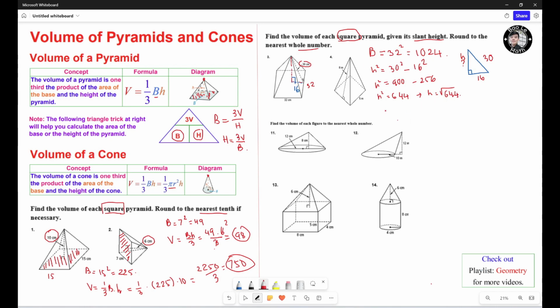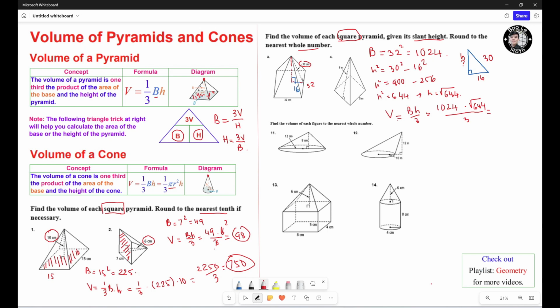Alright, so now volume is going to equal base times height divided by 3. Base right here, it could be 1024 times h, which is the square root of 644, divided by 3.